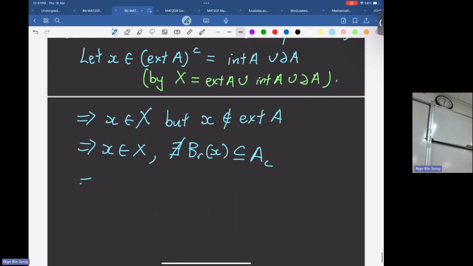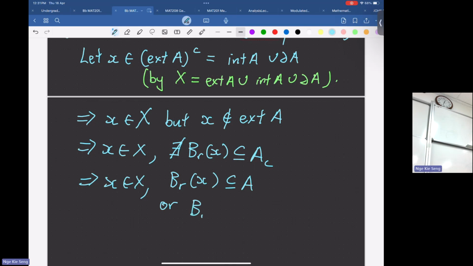So what happened here? So X is in the metric space. For a ball around X, it could be inside A completely, or this ball intersect A and intersect A complement are both non-empty. Let me put 1 and 2 here.